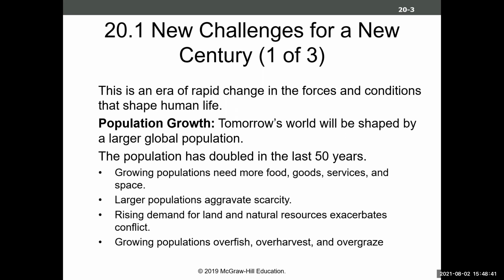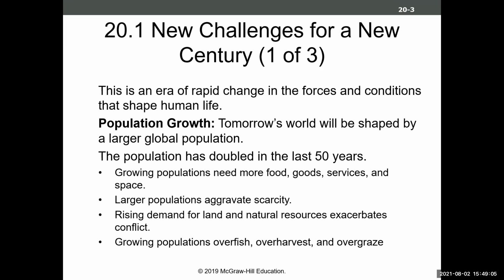To start off, looking at new challenges for a new century. As we have talked about all throughout this course, there's large change that's been implemented by humans on the environments, and not only are we changing the environments, but our populations are growing rapidly as well.